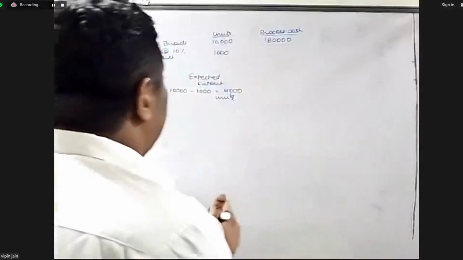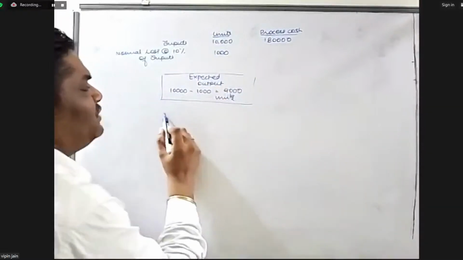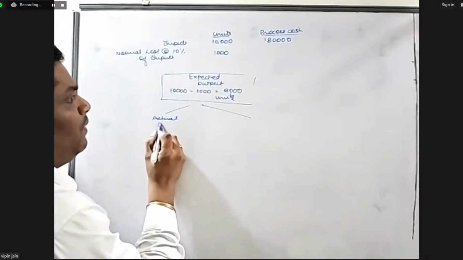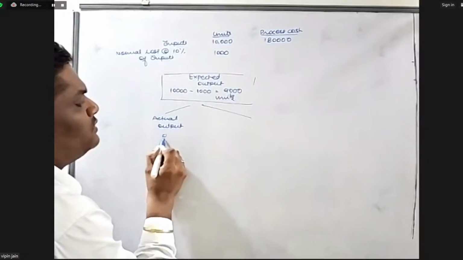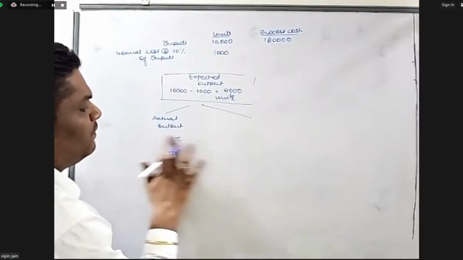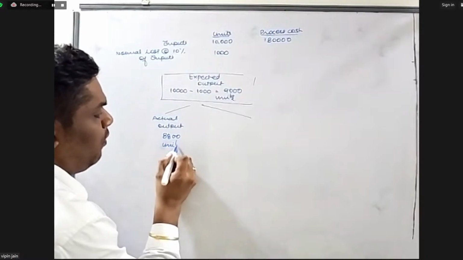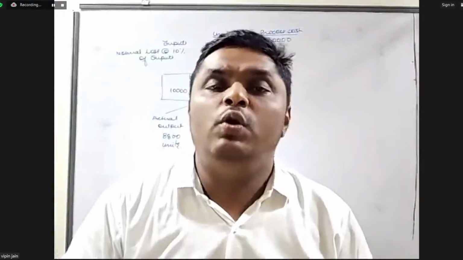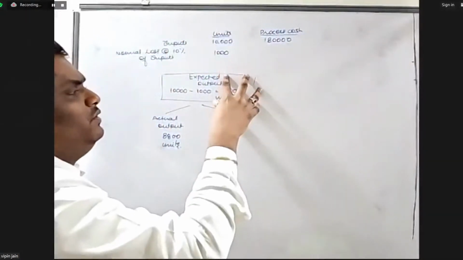However, when the actual data was out, my actual output was only 8,800 units.